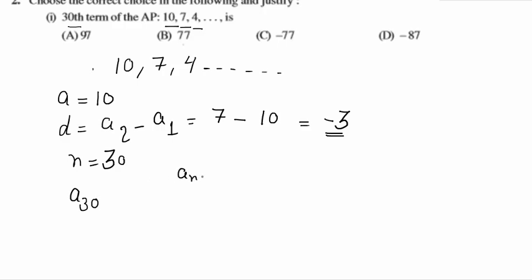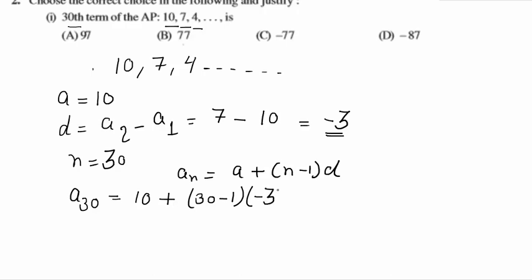What is the formula of the nth term? That is A plus N minus 1 into D. Here we are finding A30, so A30 will be A, that is 10, plus N, that is 30, minus 1 into D. Here D is minus 3. Solve.